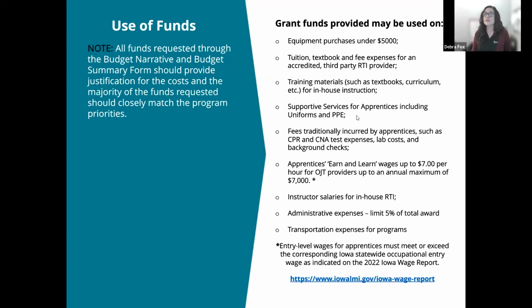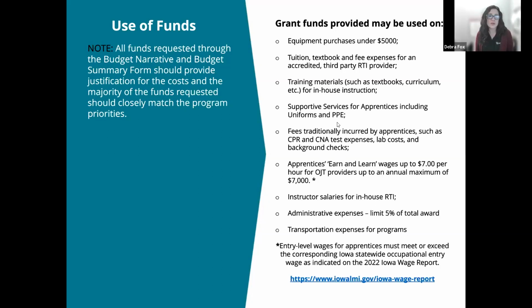Over here on the right side, grant funds provided may be used on equipment purchases under $5,000, tuition, textbook, and fee expenses for an accredited third-party related training instruction provider, so RTI provider, training materials such as textbooks, curriculum, etc. for in-house instruction. So that would be if you're planning on doing your related training instruction within your own organization or facility.